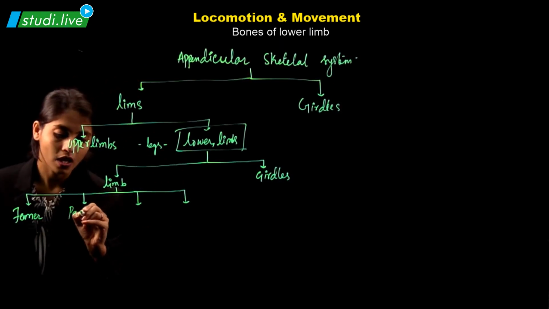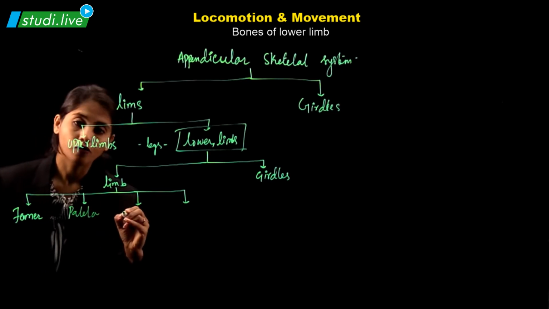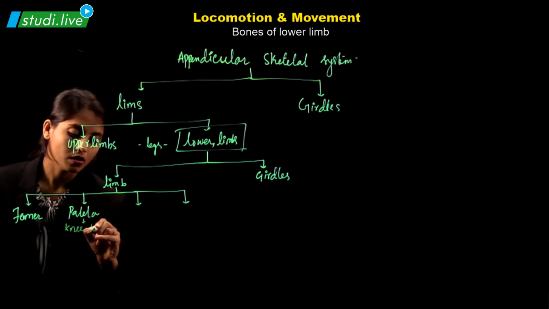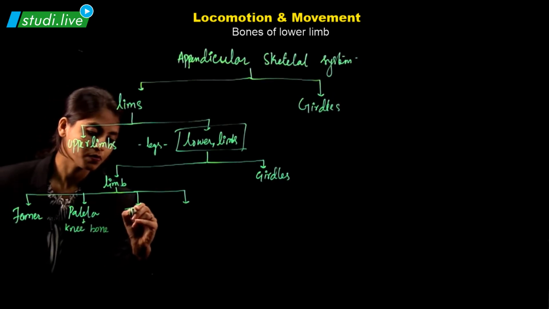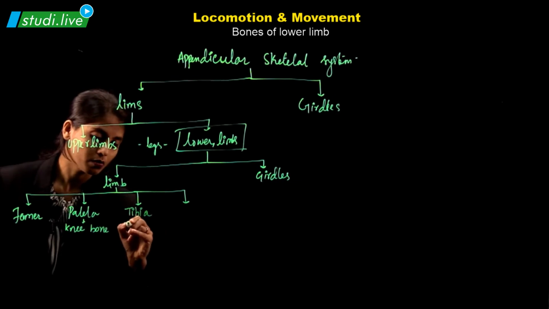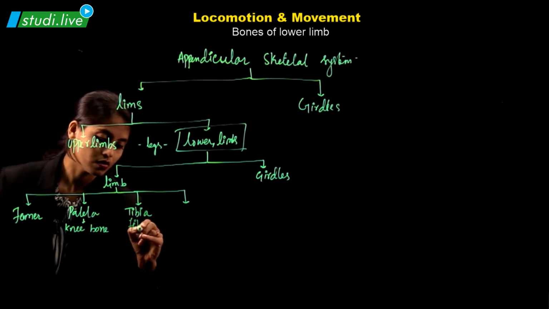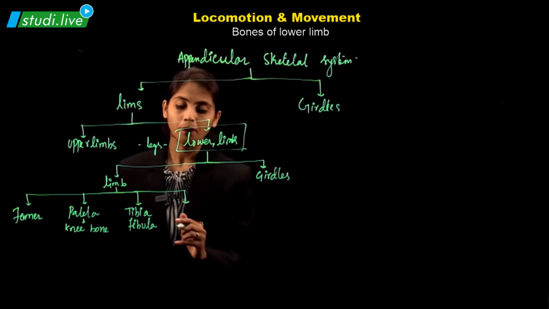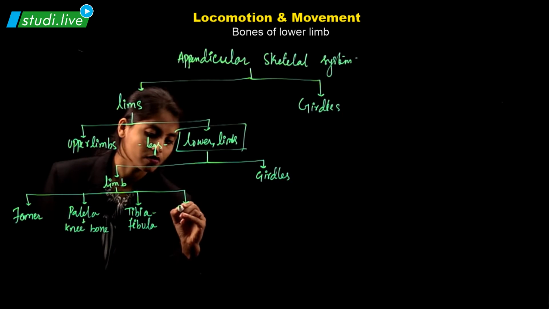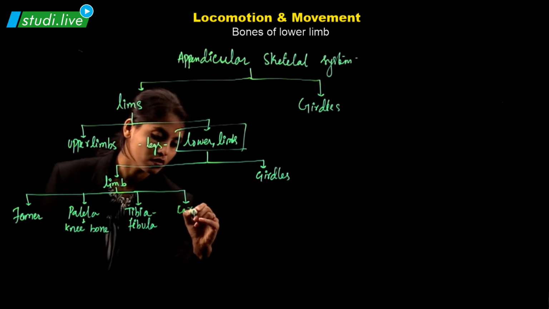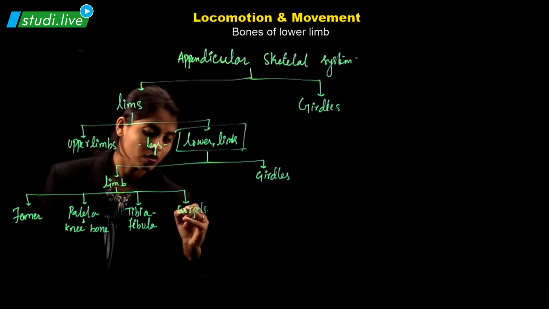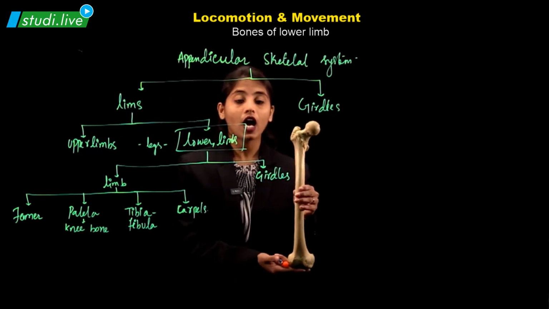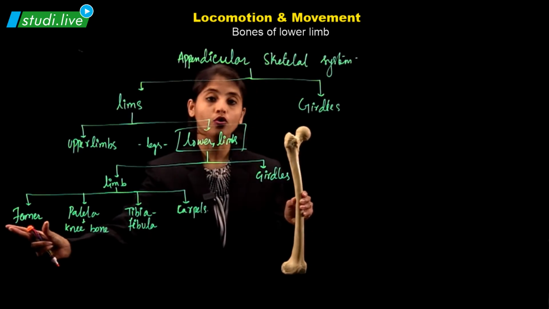Then we have patella, which is also called as a knee bone. Then we have the third part, that is tibia fibula. Then we have the carpal part.